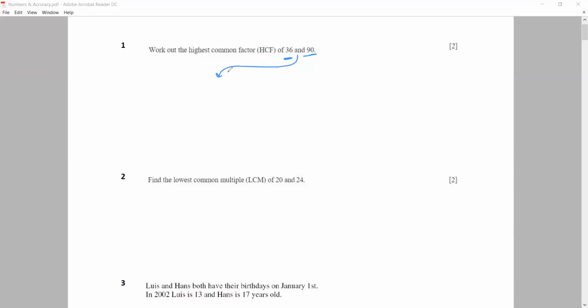Method one is prime factorization, and method two is division. I'm going to perform both of these methods very quickly.